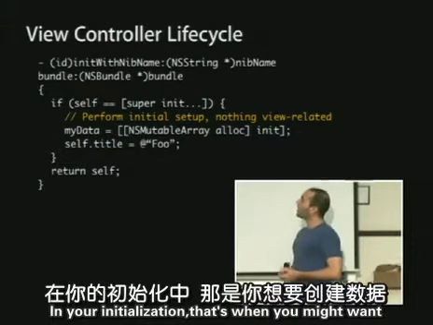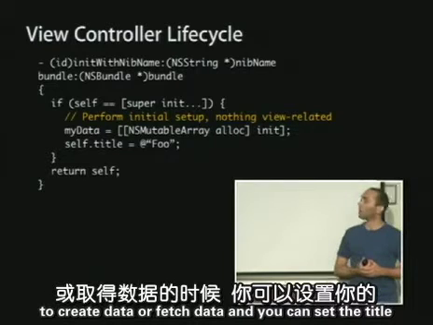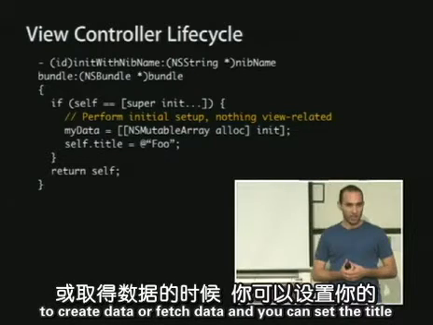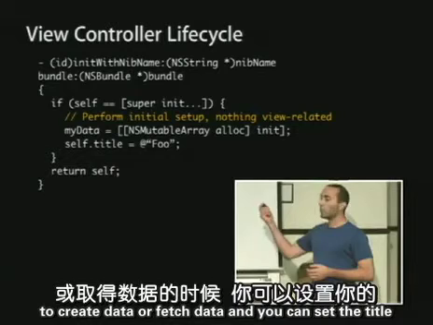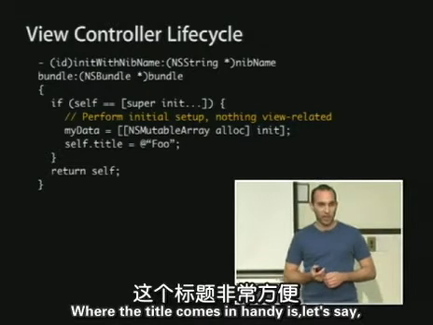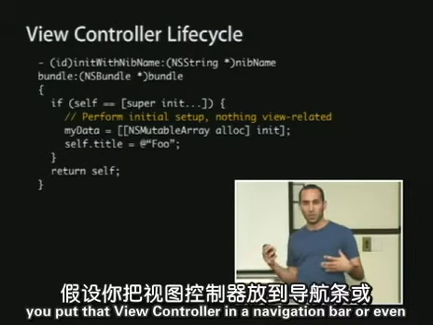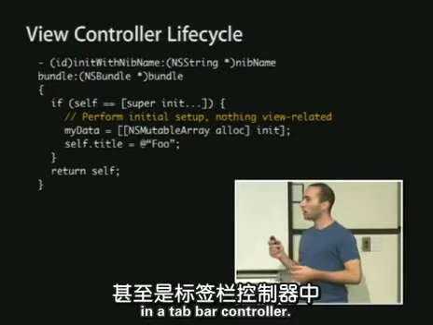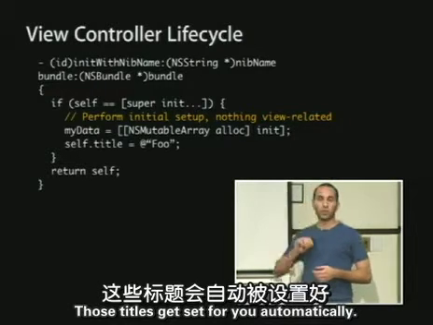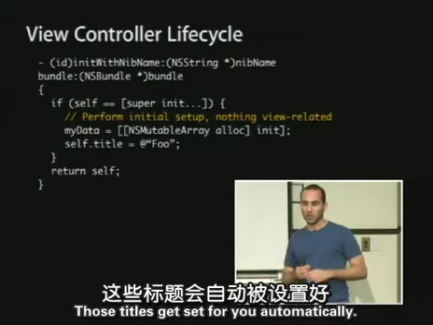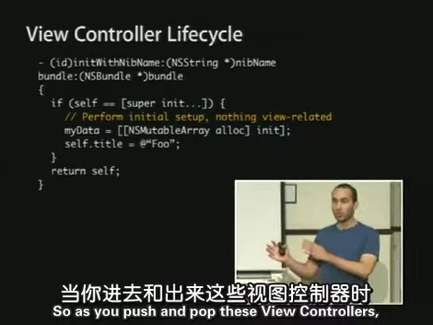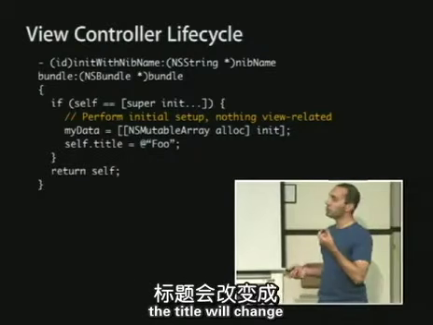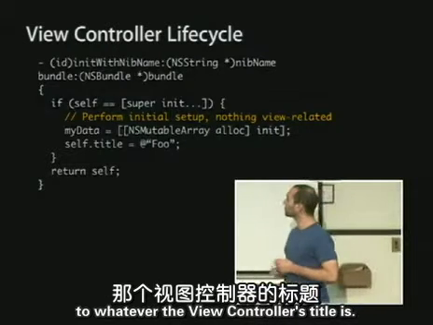In your initialization, that's when you might want to create data or fetch data, and you can set the title for your view controller. Where the title comes in handy is, let's say you put that view controller in a navigation bar or even in a tab bar controller. Those titles get set for you automatically. So as you push and pop these view controllers, the title will change to whatever the view controller's title is.